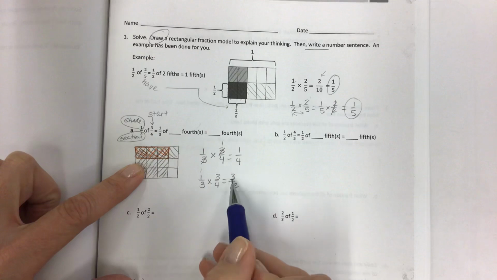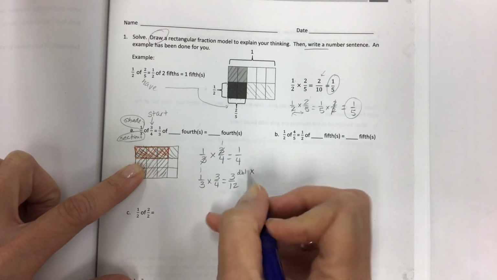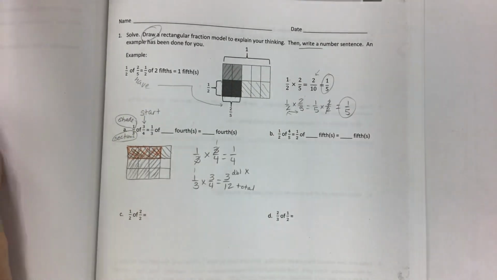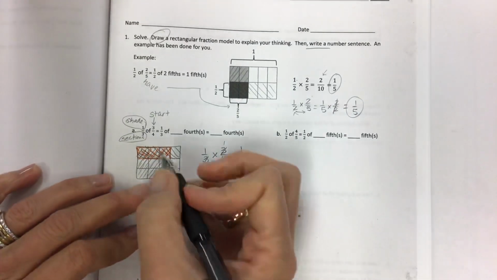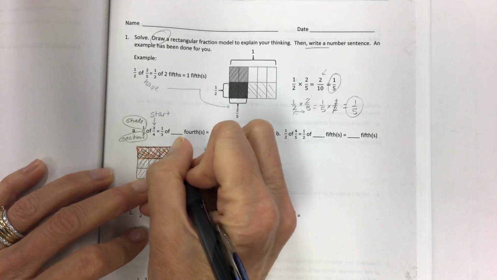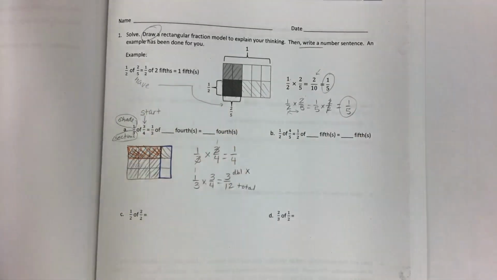You see 3 pieces. Okay, that's the 3 double crisscrossed out of 12 total pieces. But I can take this and say, well, if 3 pieces makes 1, then there would be 4 of those triples.